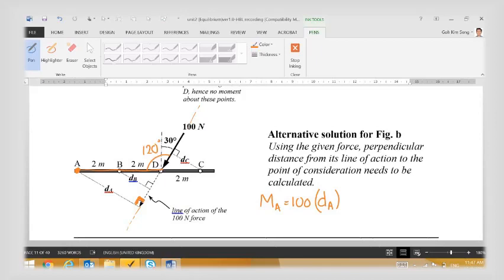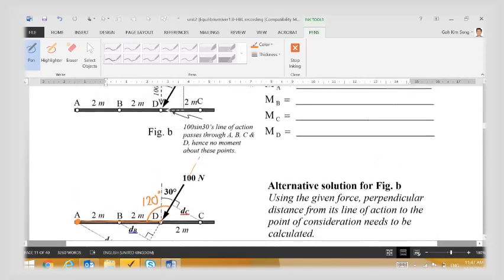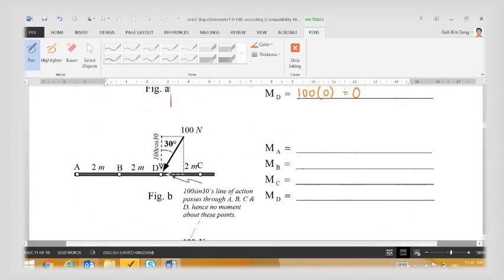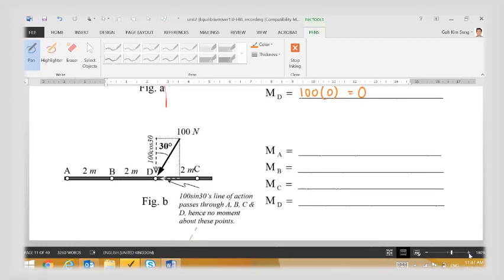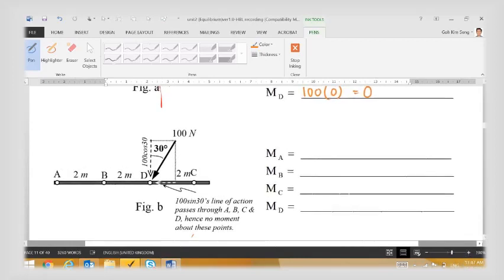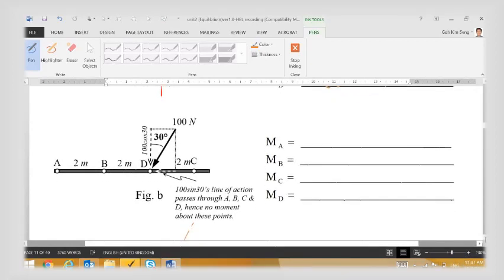Now, is there another way which is more effective, which is quicker, and doesn't involve having to calculate a perpendicular distance? The answer is yes, and let me show you how that's done. In figure B, we are doing the same problem, but in a different way.